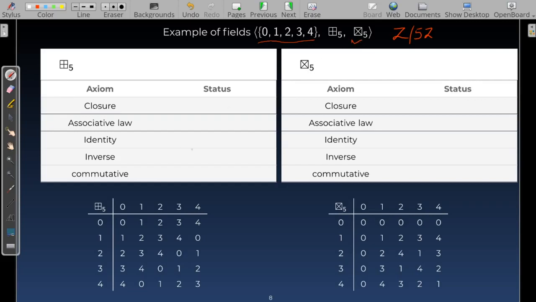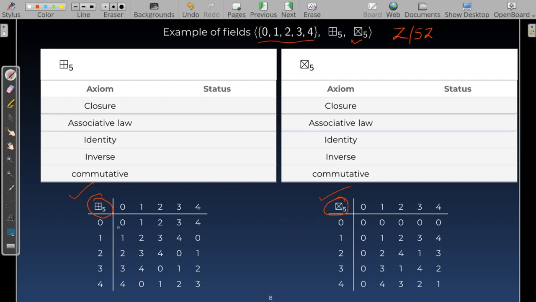To prove that this is a finite field, we have included two Cayley tables. We have one Cayley table here and another Cayley table here. This one is with respect to modulo 5 addition, and this one is with respect to modulo 5 multiplication.